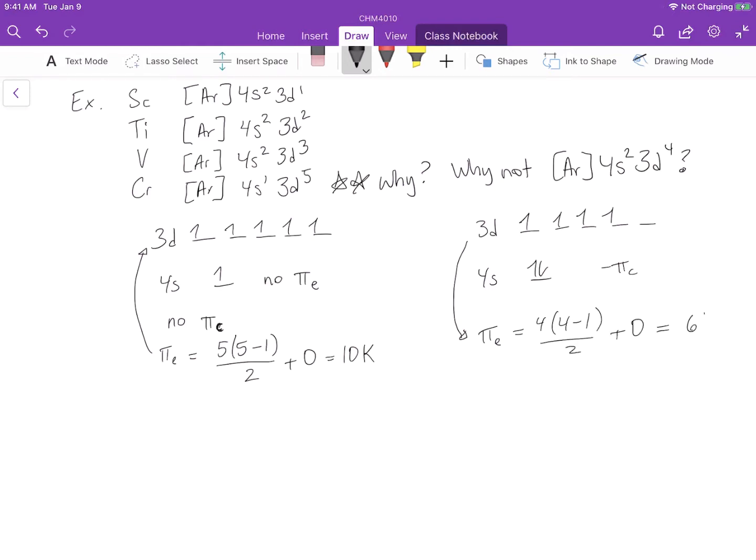So you should have 6K. So our total stabilization for the first case is 10K, and for the second case is 6K minus Πc. So in this case, the first is more stable, so lower energy.